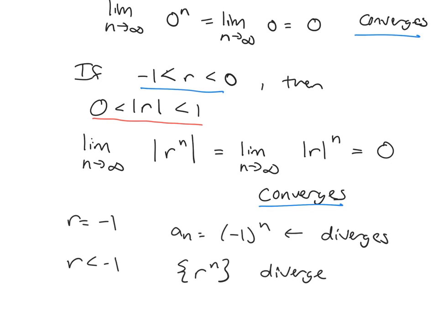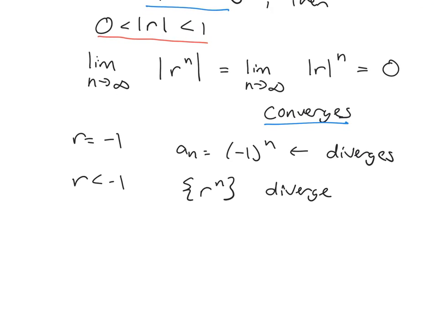And the way you can see that is maybe through graphing these. So pick a value of r less than -1, so maybe like -2, and graph it. If I plug in 1, I'm getting negative 2. What do I get if I plug in 2? 4.